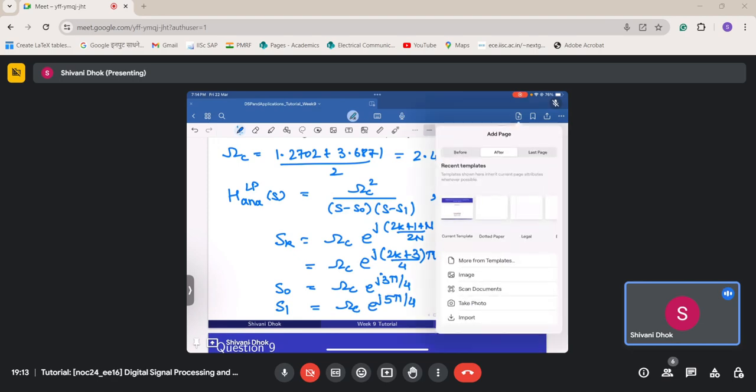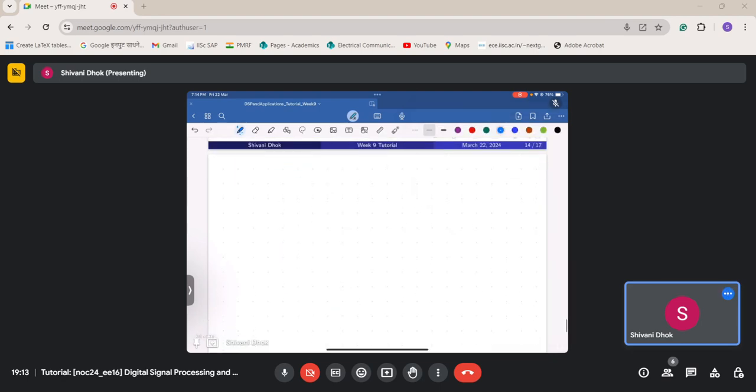Now let us substitute that. H analog of s low pass is omega c square divided by (s minus omega c into e power j 3 pi by 4) into (s minus omega c into e power j 5 pi by 4). Let us simplify this.